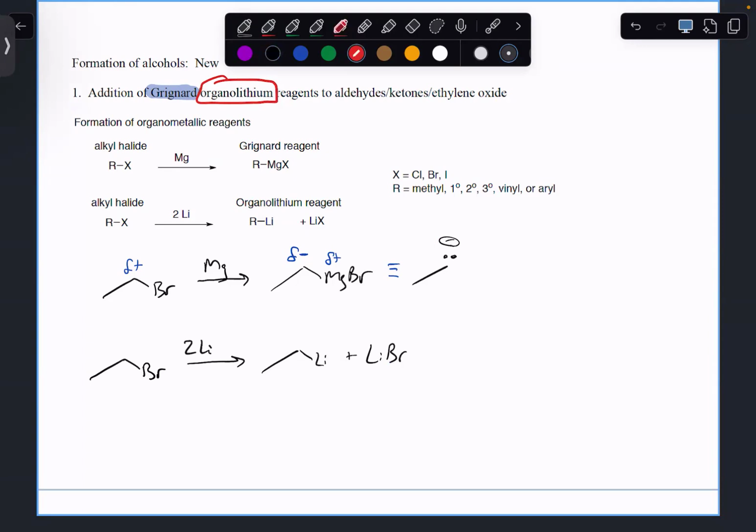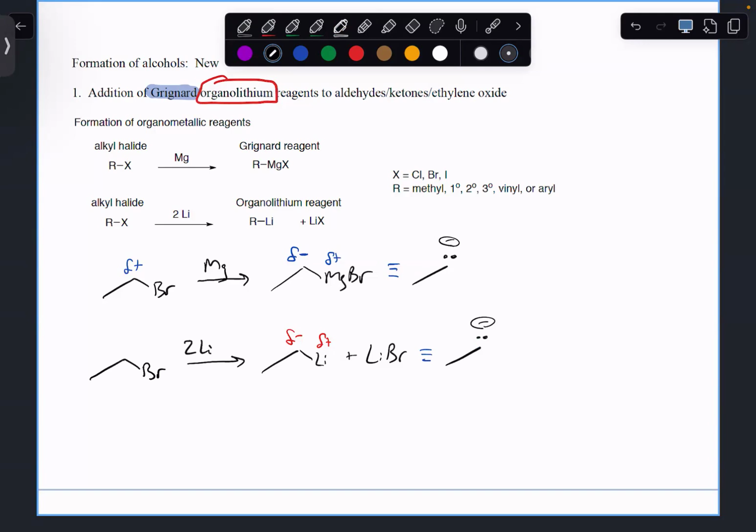And you get essentially the exact same thing. But both of these become carbanions, essentially. And so what we're going to do with these carbanion type species is add them to carbonyl compounds, specifically aldehydes and ketones.